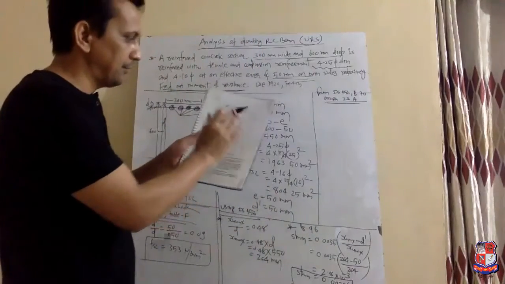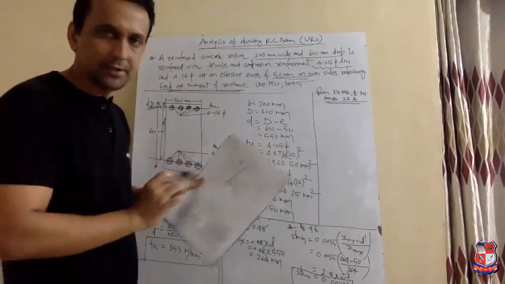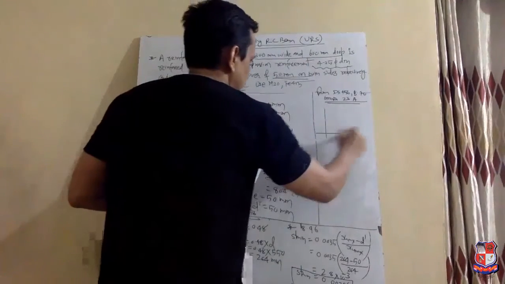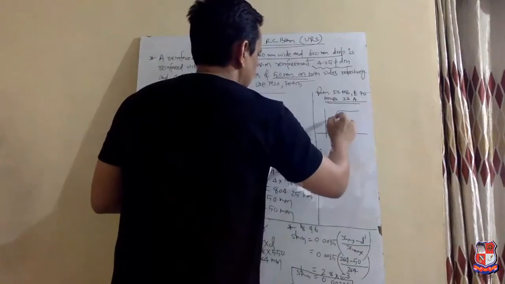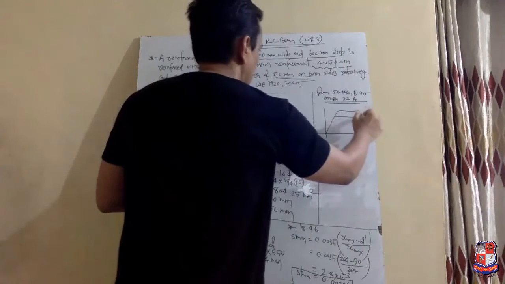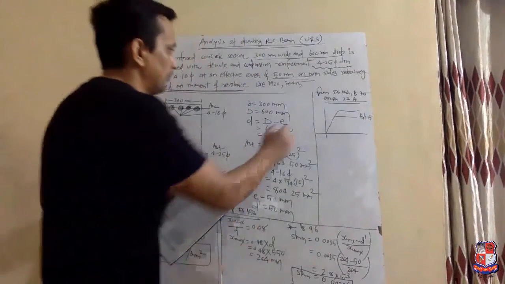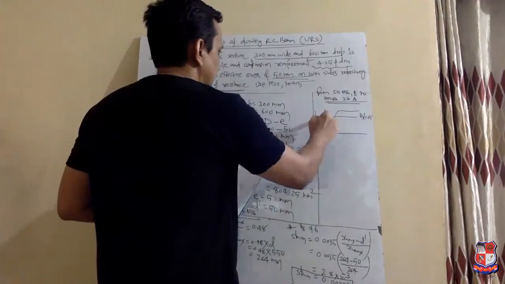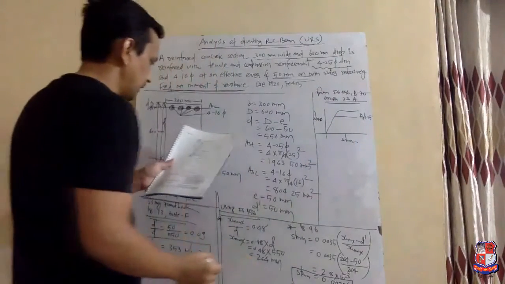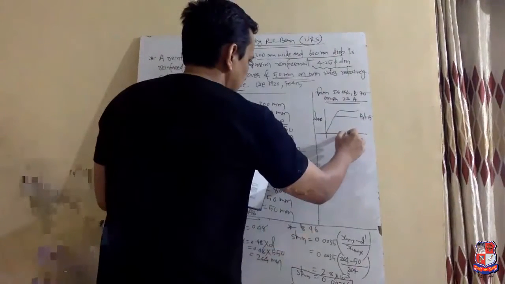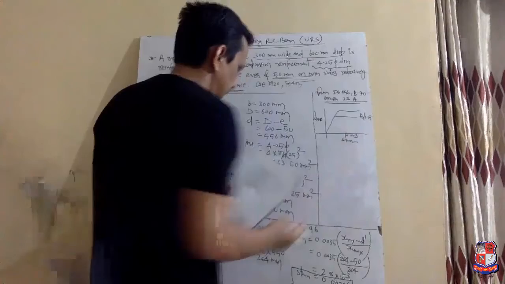In this graph, stress versus strain values are given. It looks like this. Vertical is stress and horizontal is strain. And our value comes near to 0.003.